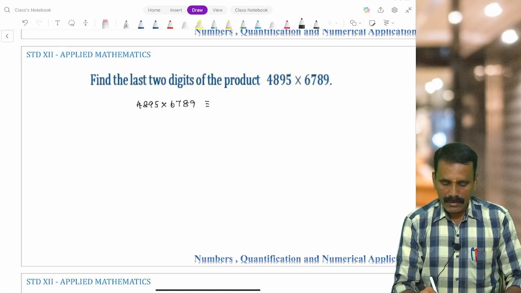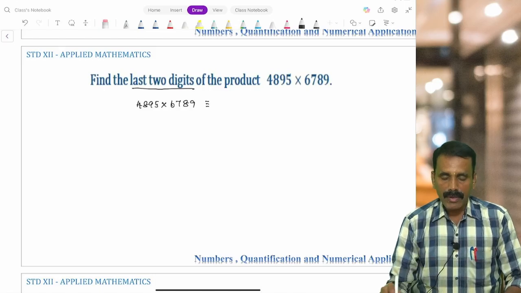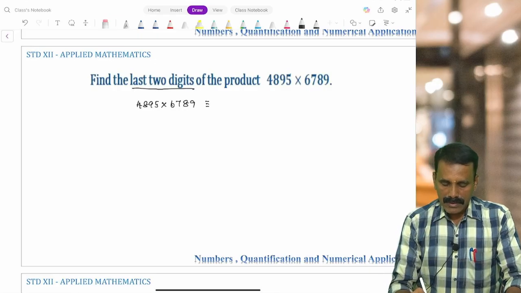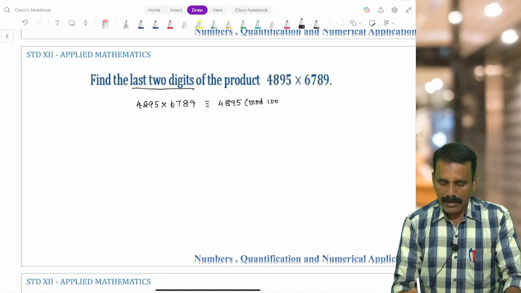We are going to concentrate on the last two digits, so we are going to find the mod of 100. By applying the property, we get 4895 mod 100 multiplied with 6789 mod 100.